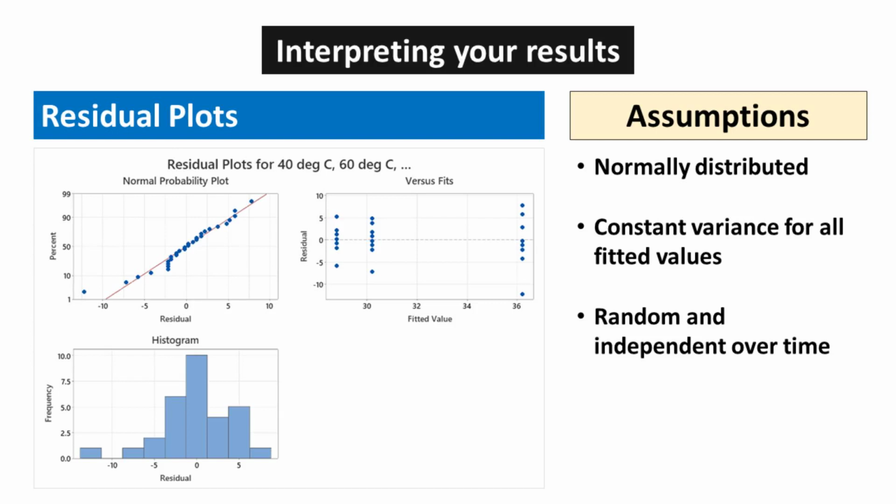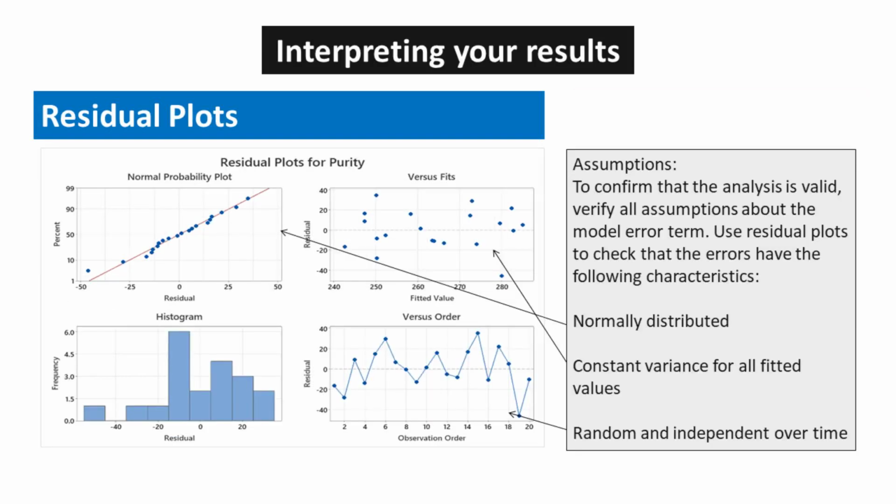If your model is not adequate, it will incorrectly represent your data. There are three assumptions of error: normally distributed, constant variance for all fitted values, and random and independent over time. To confirm that the analysis is valid, verify all assumptions about the model error term.